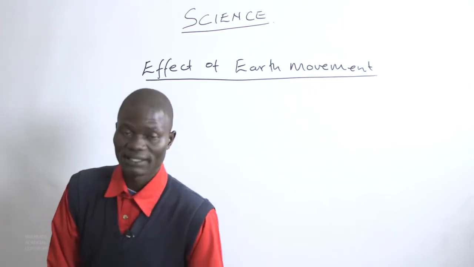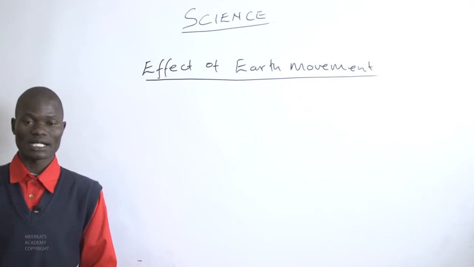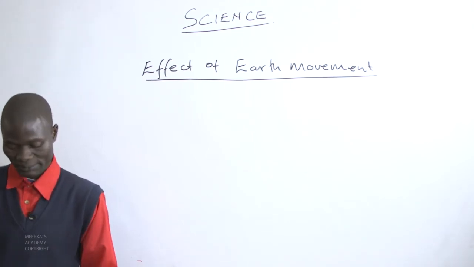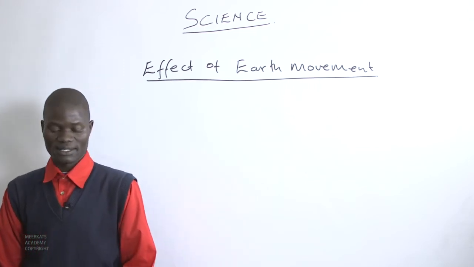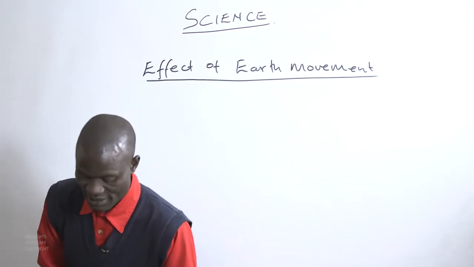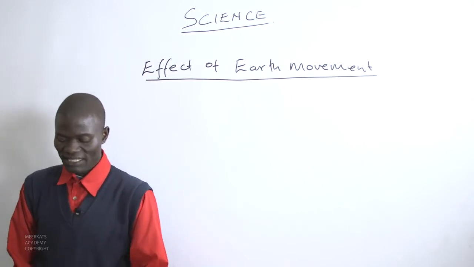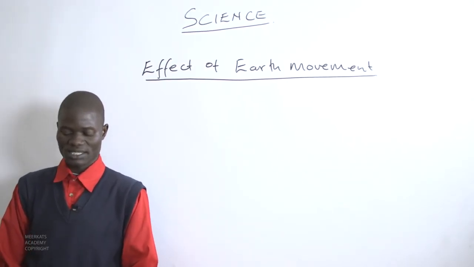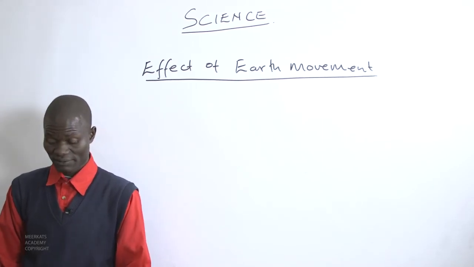One of the effects is that when we look at plate tectonics as it was put forward by various scientists, we learn that further study of continental research has brought about a new theory of plate tectonics.